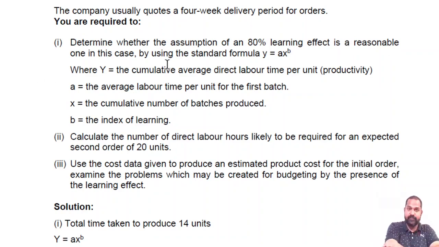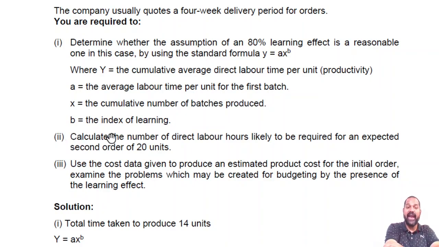In this case, by using the standard formula y is equal to ax raised to b, where y is the cumulative average direct labor time per unit, ax is the cumulative number of batches, A is the average labor time per unit for the first batch, x is the cumulative number of batches produced, b is the index of learning.